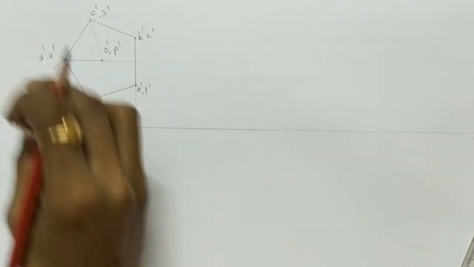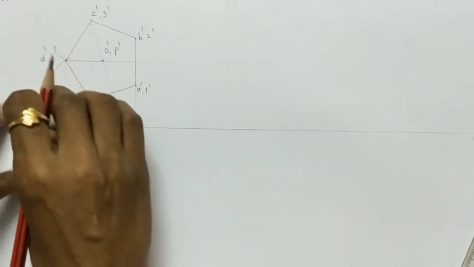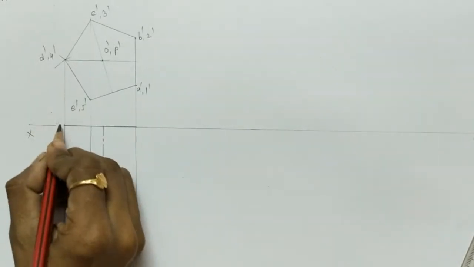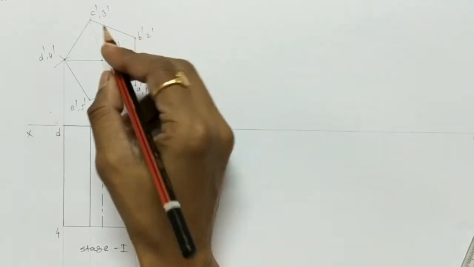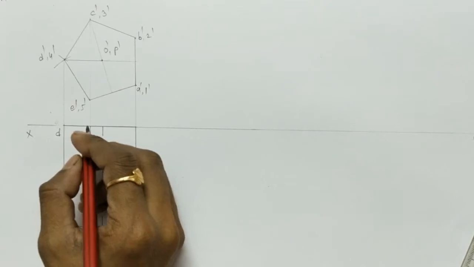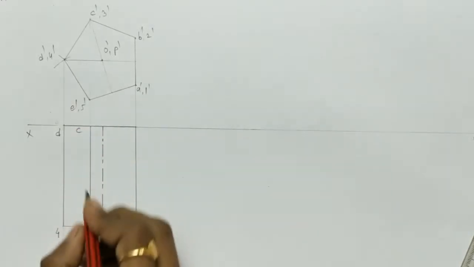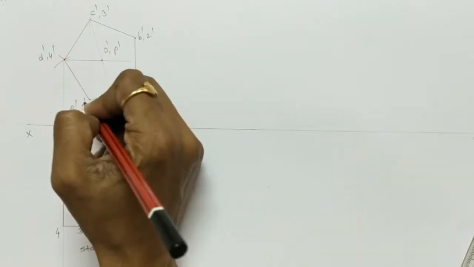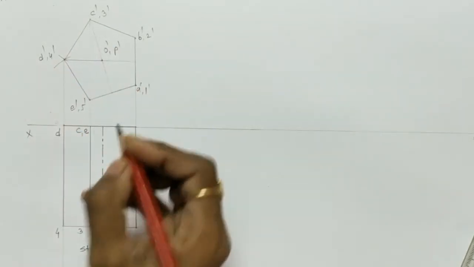Give names below the XY line. So D4. Then this is C3. So C and here 3. Then E5 on the same line. So C, E and 3, 5.